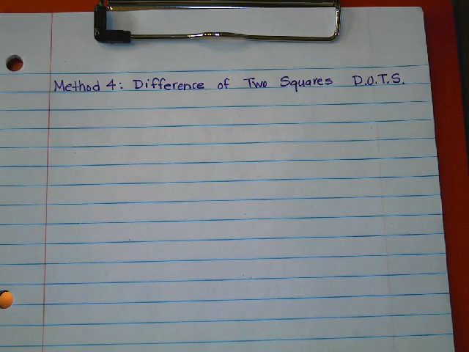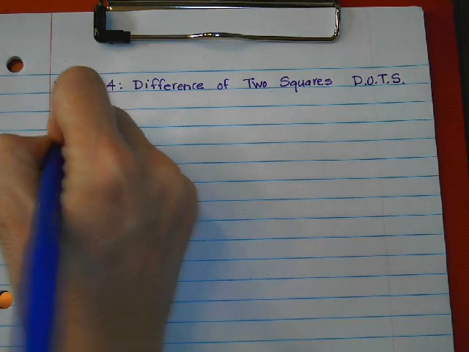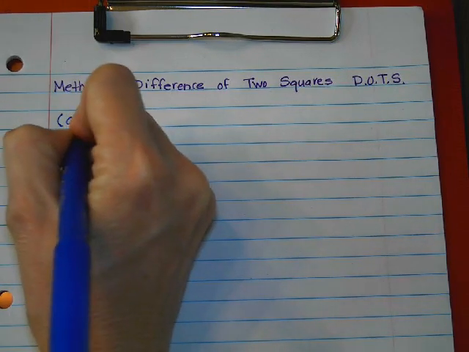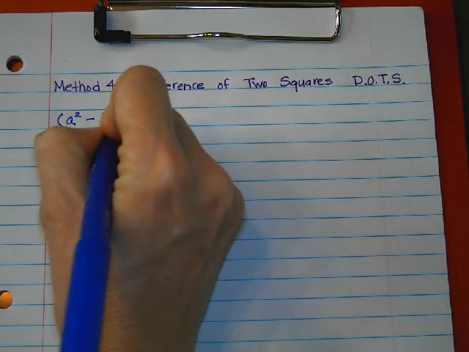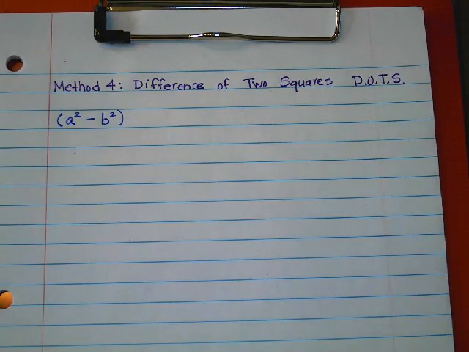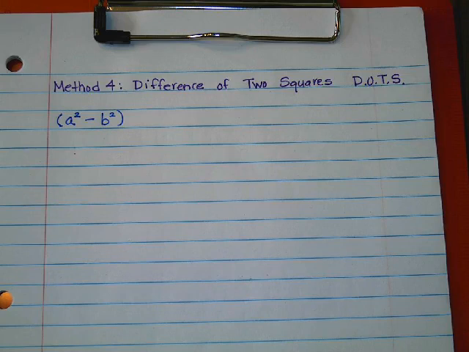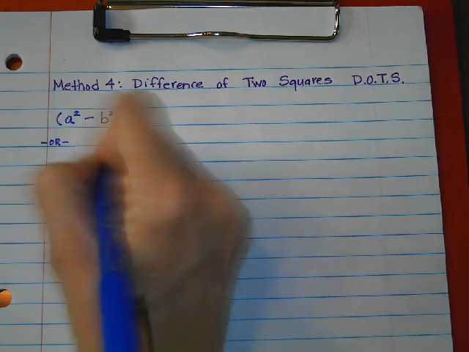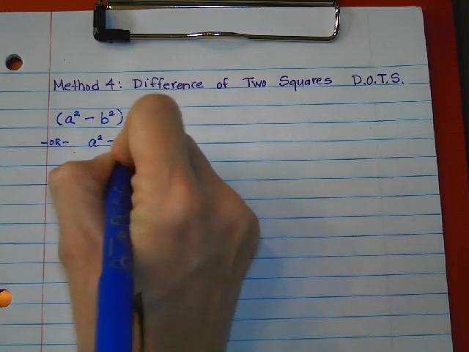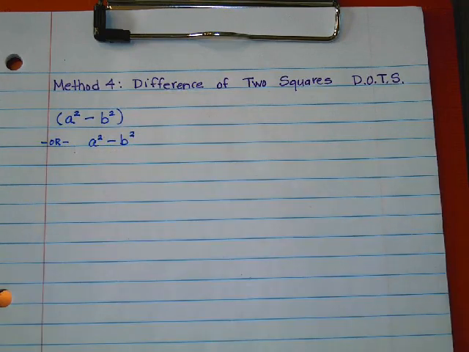This is our dots. So the difference of 2 squares means we have any value being squared minus any value being squared: a squared minus b squared. Sometimes it's written in parentheses. Other times, it is just written a squared minus b squared. But either one will factor the exact same way.